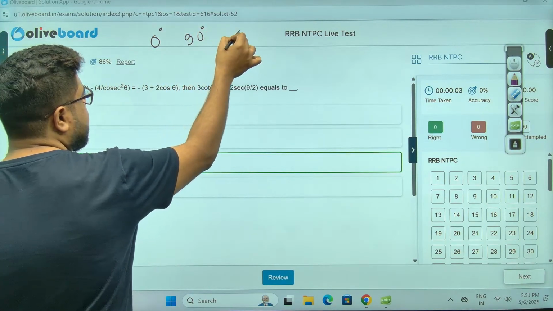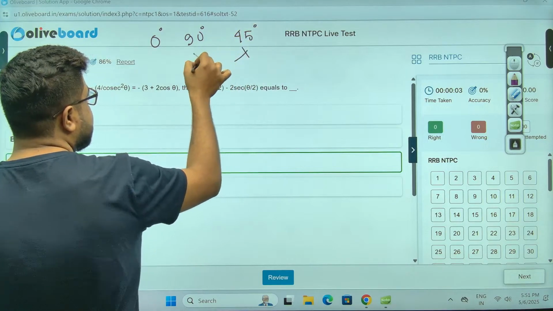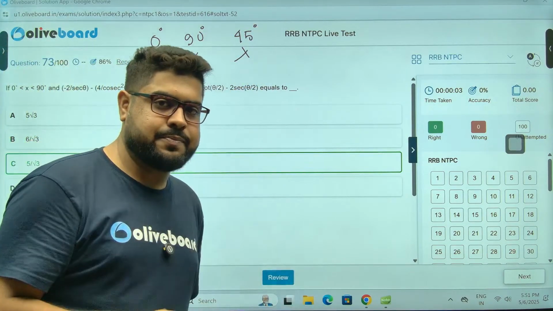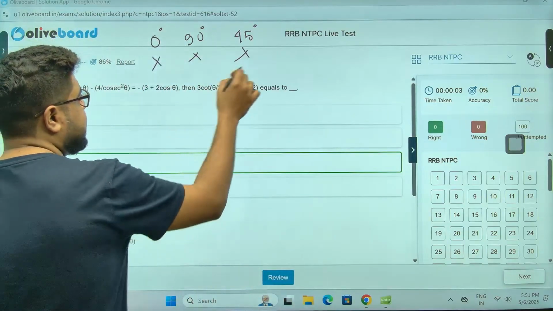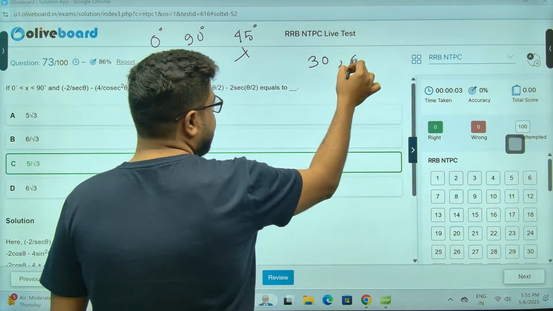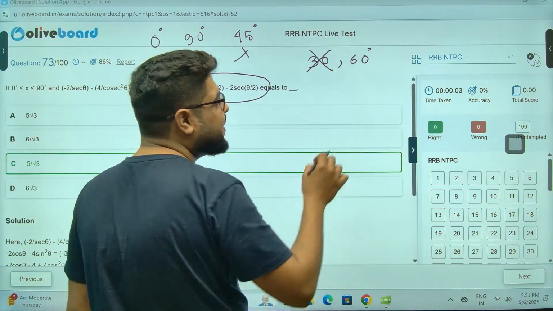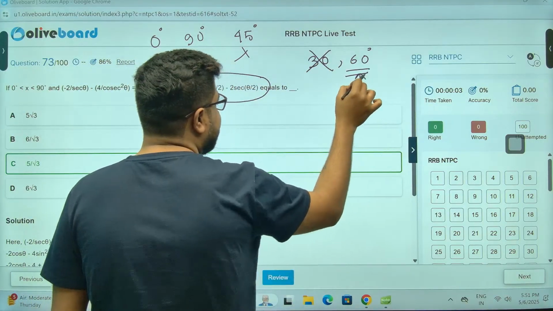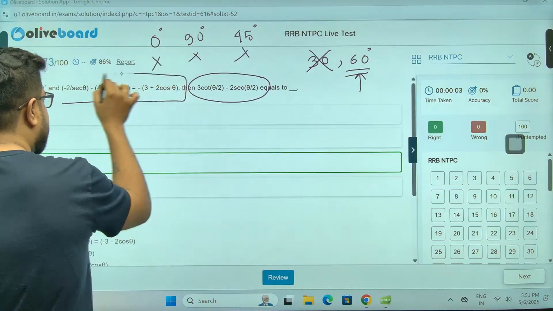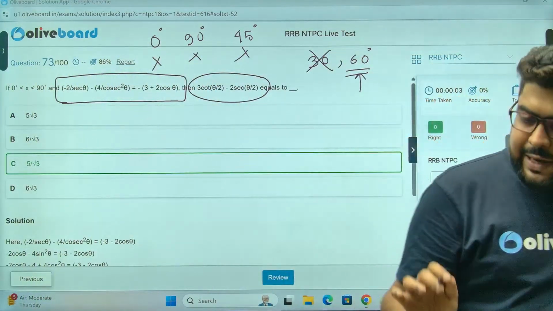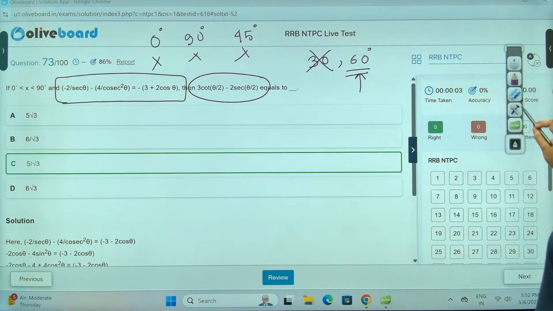I cannot put 45 degrees also, because then I cannot identify which one is sec and which one is cosec. So the remaining are 30 and 60. Theta by 2 means you also cannot put 30. So the only option remaining is 60, and if you put 60, you will see it is satisfying. If you are willing to think like this, you will get your answer without solving.